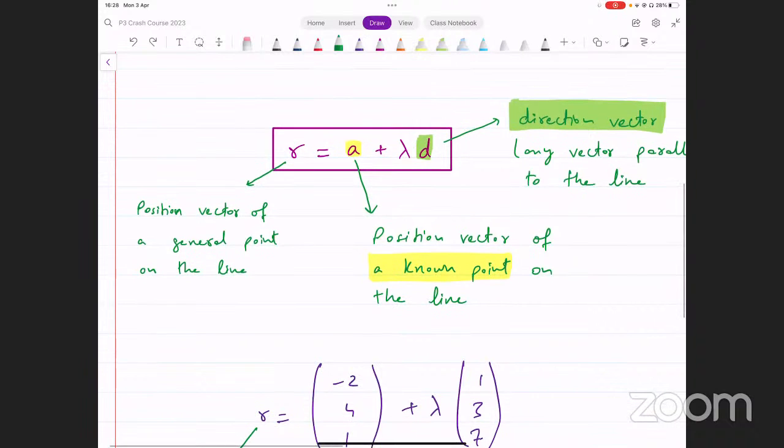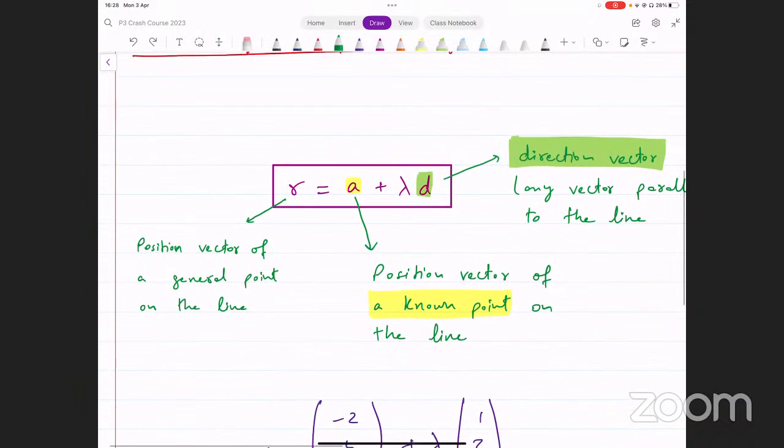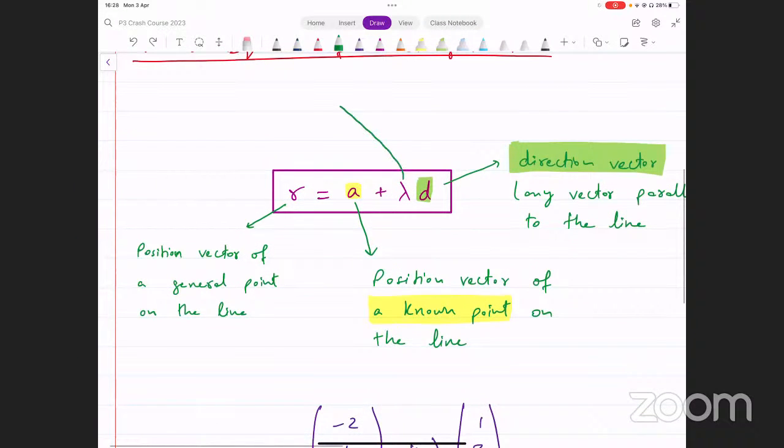What about lambda? Lambda is actually a parameter, and it can be any real number. Now just hold on with me for a few minutes and you'll understand what we mean by this.